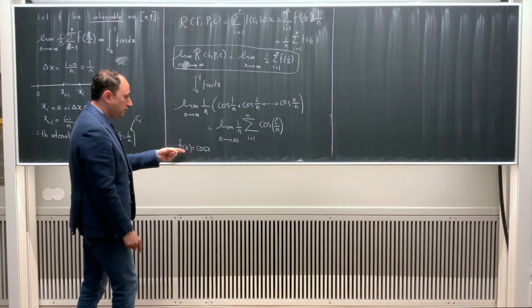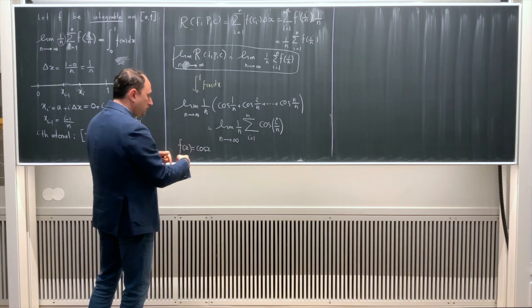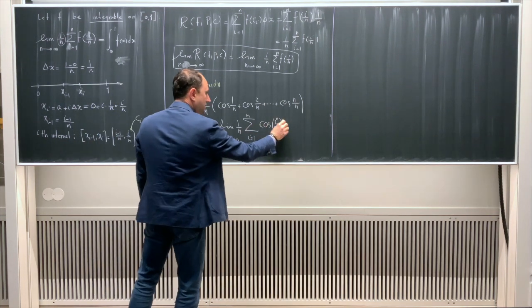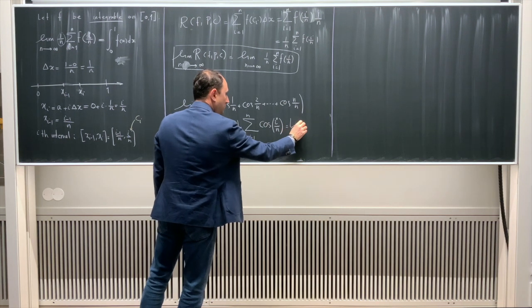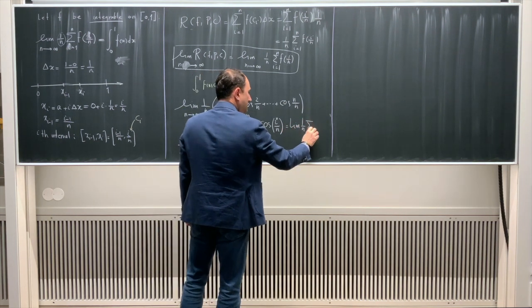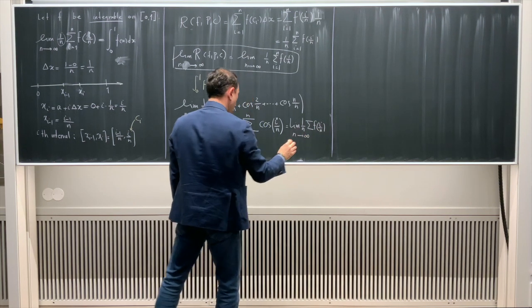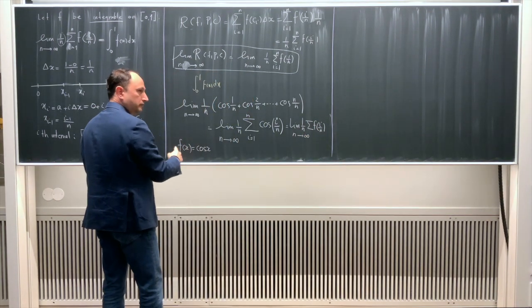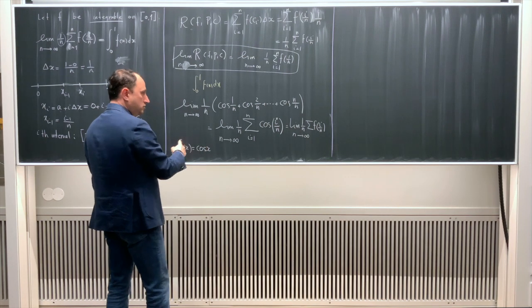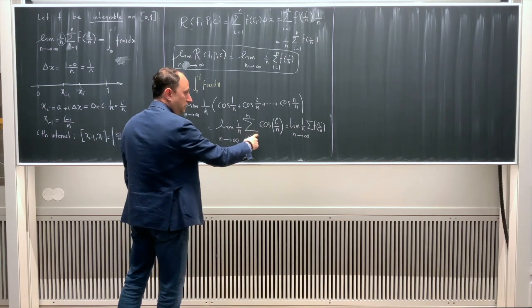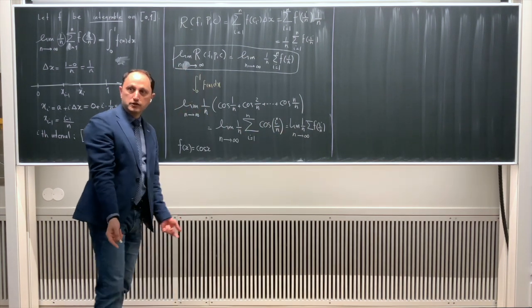If I tell you f of x is cosine x, I hope that you agree with me that this is nothing except the limit of 1 over n sigma f of i over n as n goes to infinity. So you introduce this function, okay? And by introducing this function, do you agree that I can write this in this form? Yes?